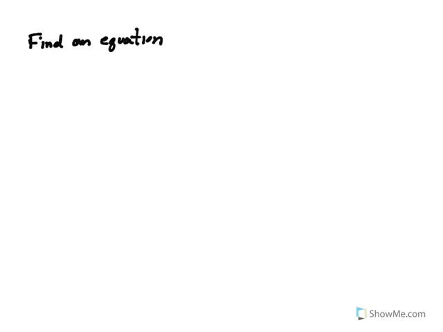So again, we're doing the same thing, find an equation. And this time we want to find an equation in slope-intercept form that's going to be parallel to y equals minus 7x plus 2.